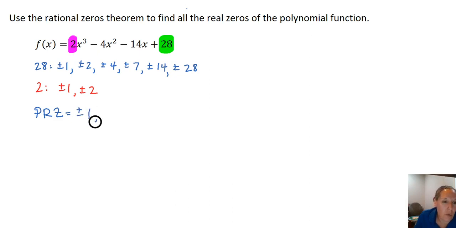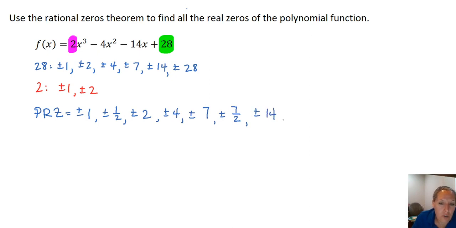So we'll get 1 over 1, 1 over 2, 2 over 1, (2 over 2's already on our list), 4 over 1, (4 over 2's already on our list), 7 over 1, 7 over 2, 14 over 1, (14 over 2 is already on our list), 28 over 1, and then 28 over 2 is already on our list.